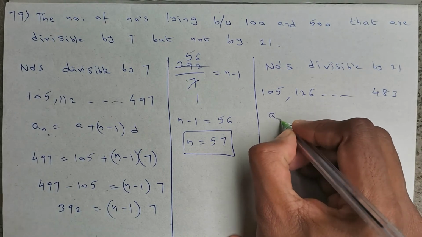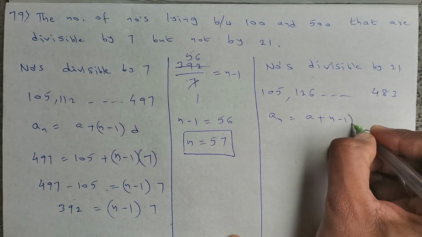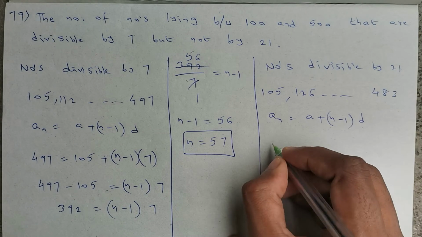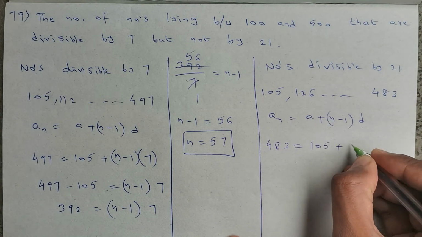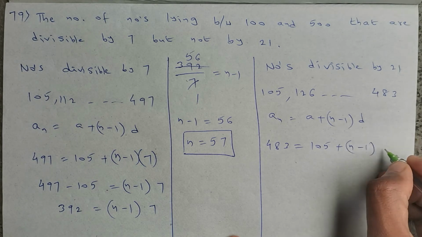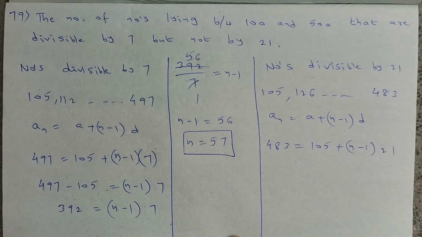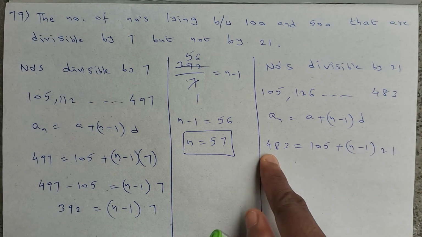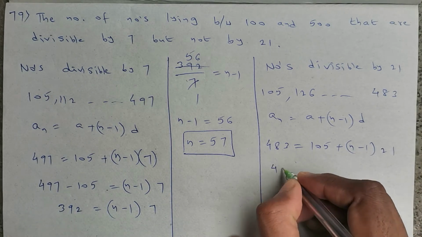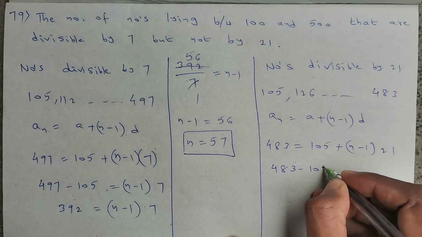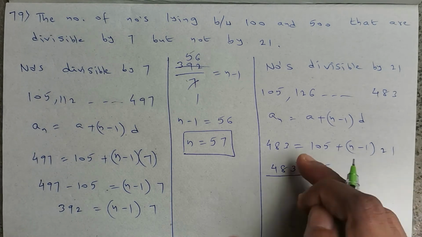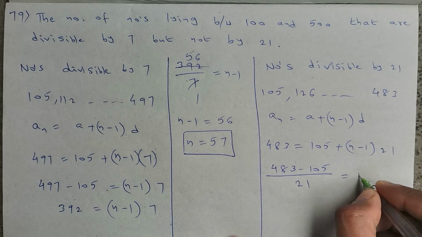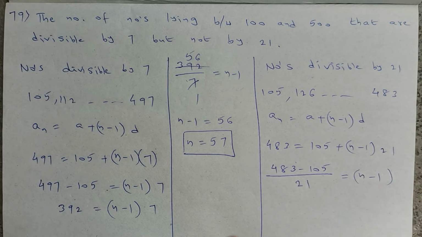an equals a plus (n minus 1) into d. an is 483, which equals the first term 105 plus (n minus 1) into the common difference. It is divisible by the 21 table, so the common difference is 21. Now I take 105 to the left side, and 21 also to the left side: (483 minus 105) divided by 21 equals n minus 1.